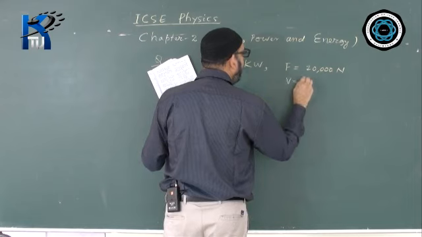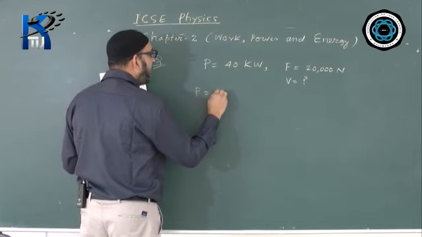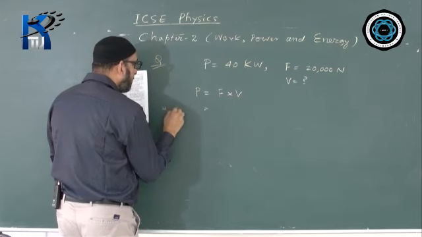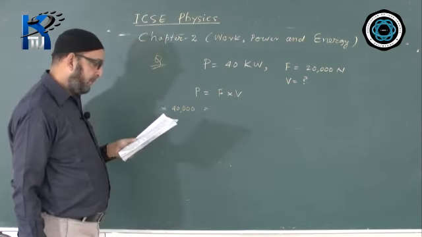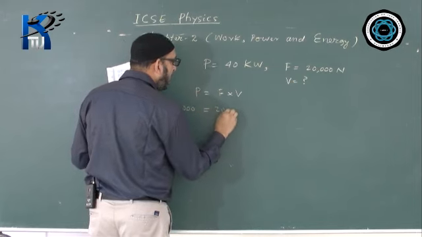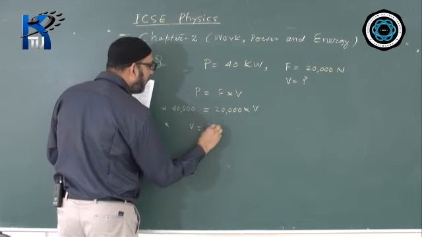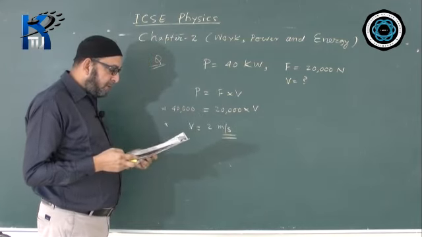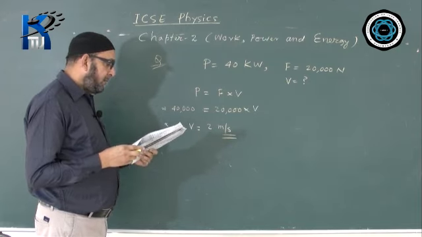You have to find the value of V, with what speed it will raise this load. So the formula is P equal to F into V. Power is given 40 kilowatt. So 40 kilo means 1000, so we will be multiplying by 1000, that means 40,000 watt. Force is given 20,000. 20,000 into V is unknown. We will calculate the value of V will be 2 meter per second. This is the answer. So these are direct problems based on formula which can be done easily.